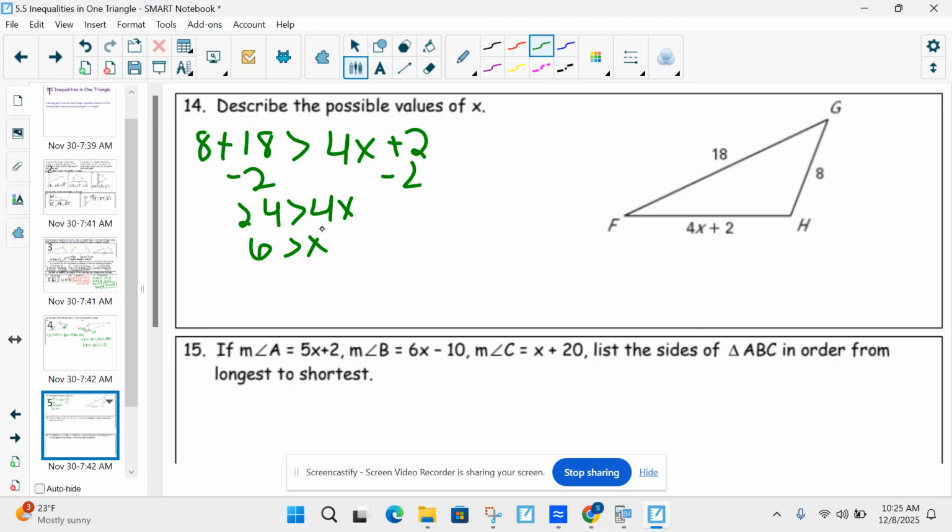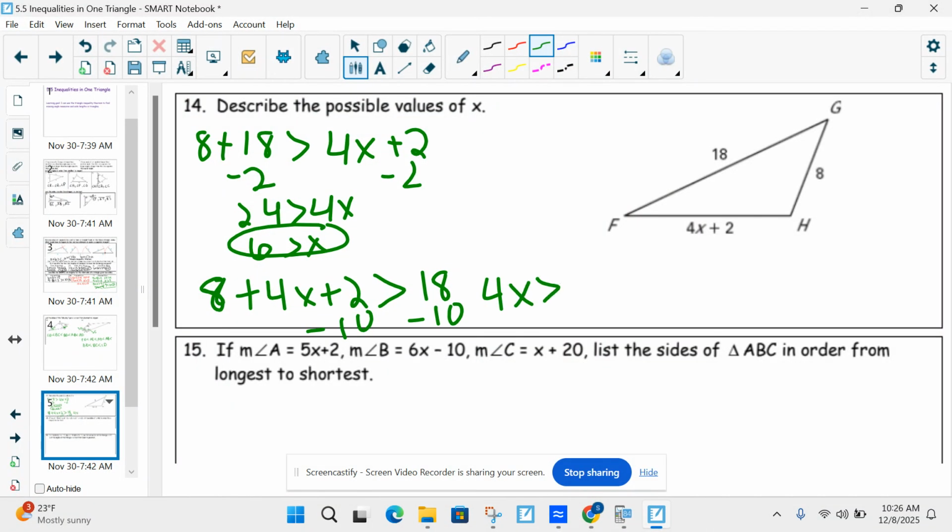Then I'm going to try another combination. So 8 plus 4x plus 2 is greater than 18. If you simplify that, you subtract 8 and 2, so subtract 10 over, and get 4x is greater than 8. So x has to be greater than 2.